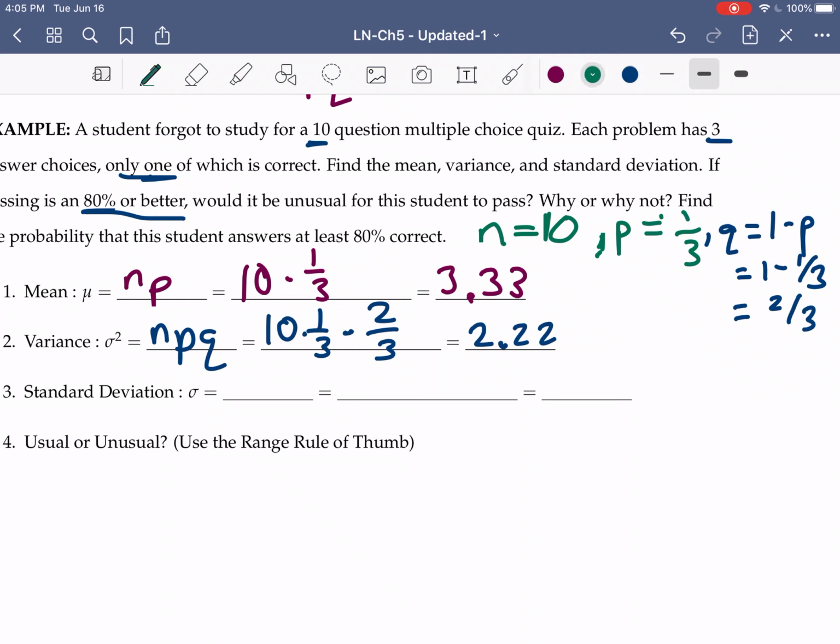And then our standard deviation is the square root of npq, that's the square root of 10 times 1/3 times 2/3, so we get something like 1.49.